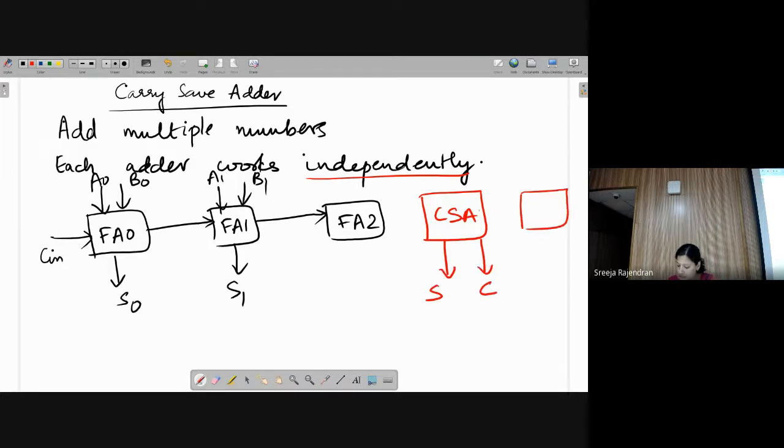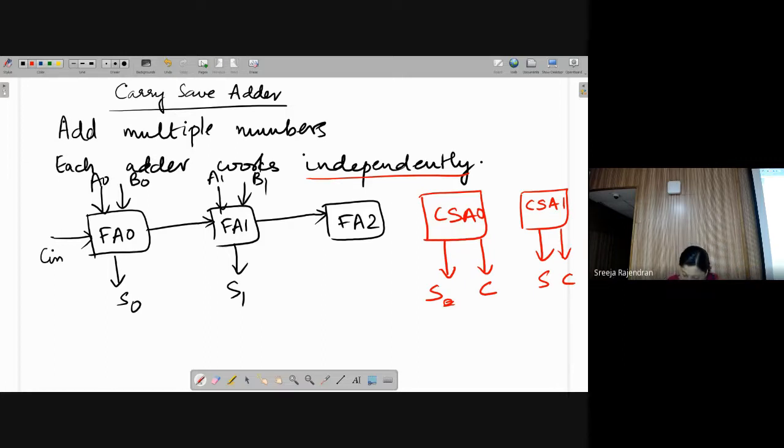So this is carry save adder 0, carry save adder 1. Again, I have a sum coming here. I don't call it sum 0 because I'm adding three numbers here. Whatever is generated, I have each of them separately. So there is no connection between the carry of one stage to the next stage in a carry save adder. Each of them works as independent blocks.